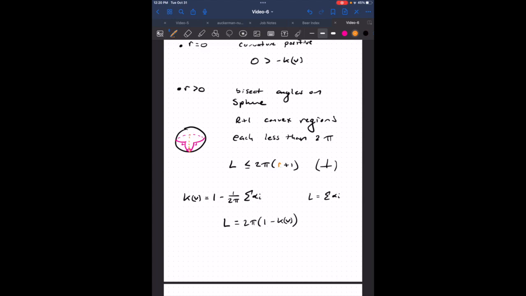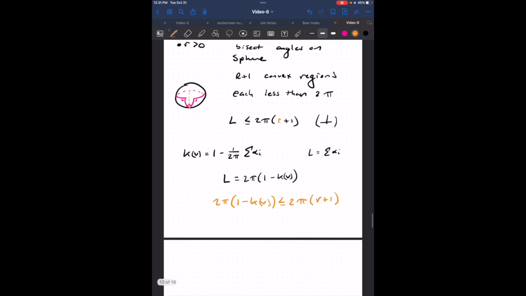So we have 2 pi (1 minus kV) is less than or equal to 2 pi quantity r plus 1. Dividing by 2 pi and subtracting 1, we get 1 minus kV is less than or equal to r plus 1, or negative kV is less than or equal to r, which proves the lemma.